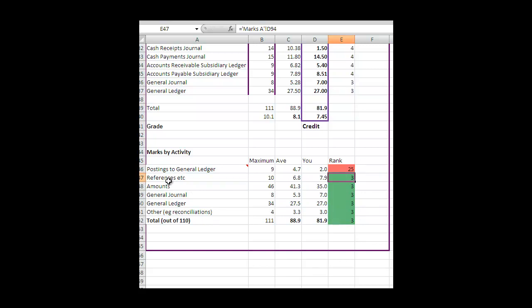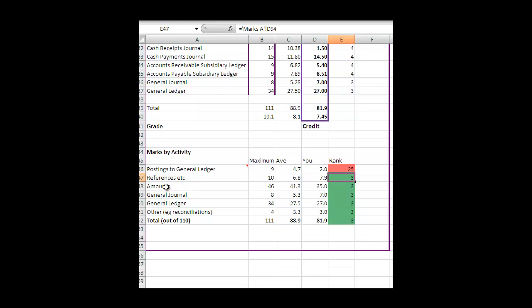References: the references often dealt with when you posted items to, say, the subsidiary ledger, did you go back to your source, was there a good path back to say this is from cash receipts journal 1 or the cash payments journal?